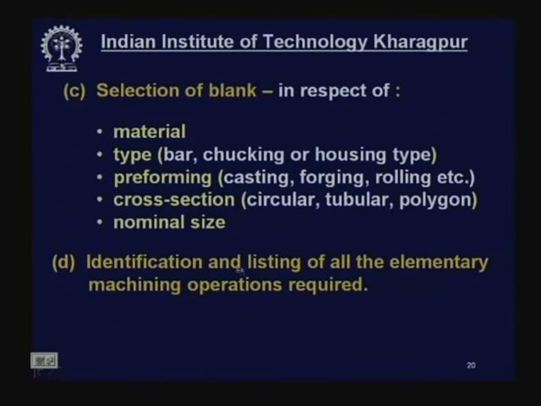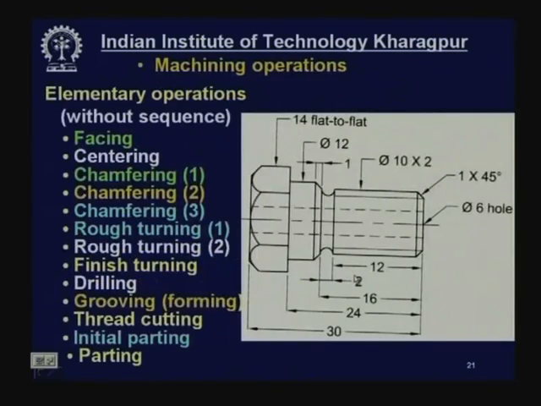Then identification and listing of the elementary machining operations required. This is the most important part. Suppose here is a job, okay. Now this job has to be done in large number of pieces, and you have to identify what machining operations you have to do.